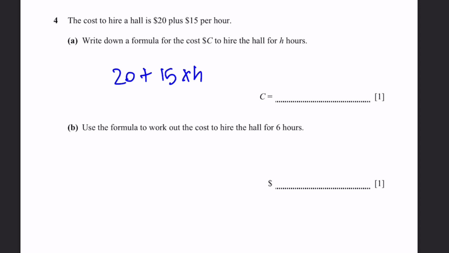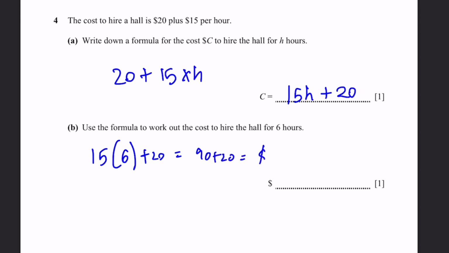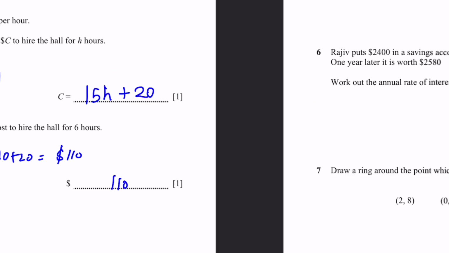So it'll be 15H plus 20. B. Use the formula to work out the cost to hire the hall for 6 hours. That'll be 15 into 6 plus 20, which is equal to 90 plus 20, $110. That's the answer.